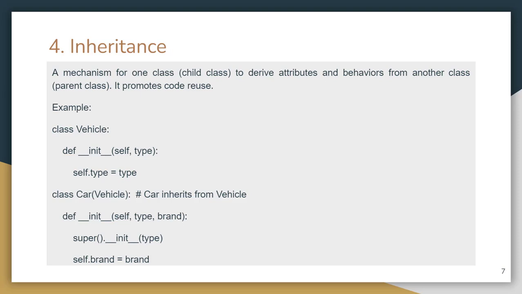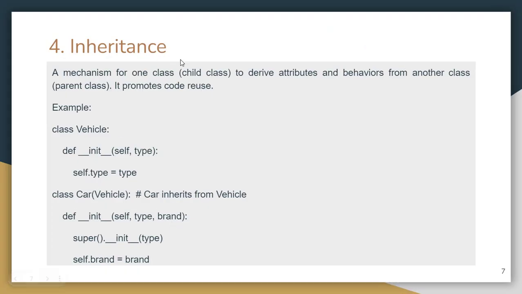Here we are initializing the base class with type, and inside this class self.brand = brand. This is a member variable of the Car class, and type is a member variable of the superclass, the Vehicle class. So this is an example of inheritance.